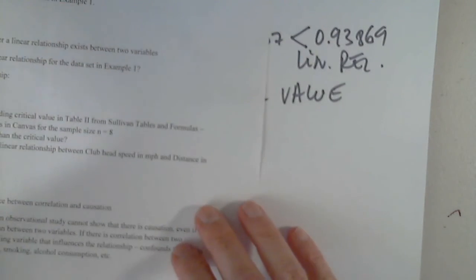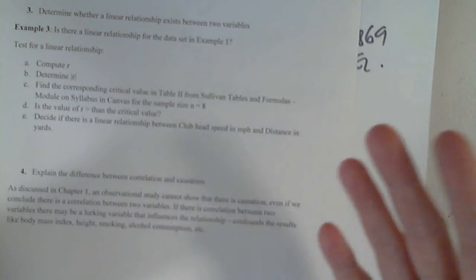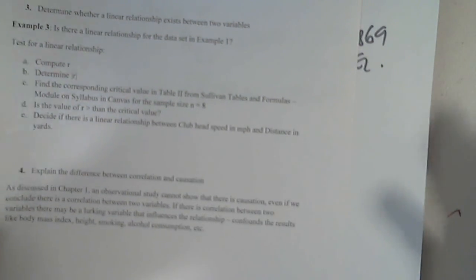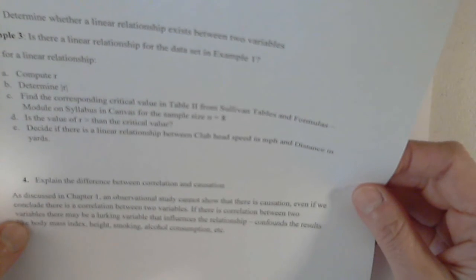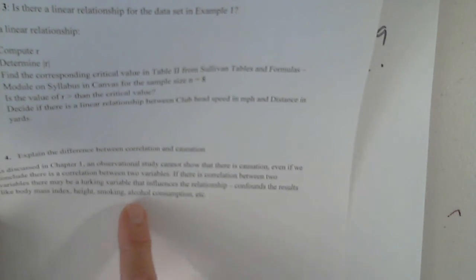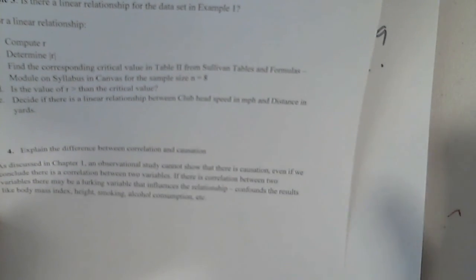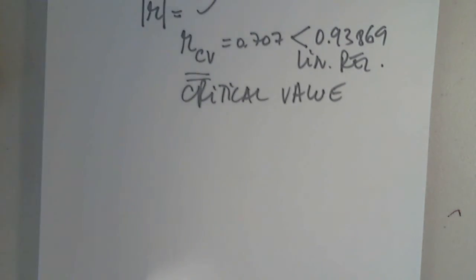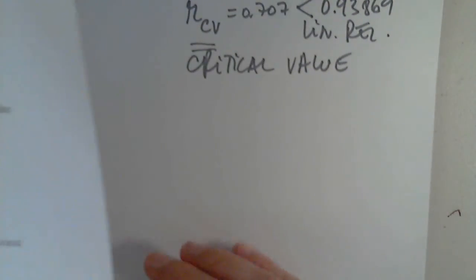We cannot conclude that the number of cigarettes smoked by a person will definitely cause higher or lower blood pressure. We remember that there is what we call a lurking variable that can influence the relationship. It confounds the results, like body mass index, height, alcohol consumption, etc. So there may be lurking variables, so we cannot conclude that smoking X number of cigarettes per day creates high blood pressure.